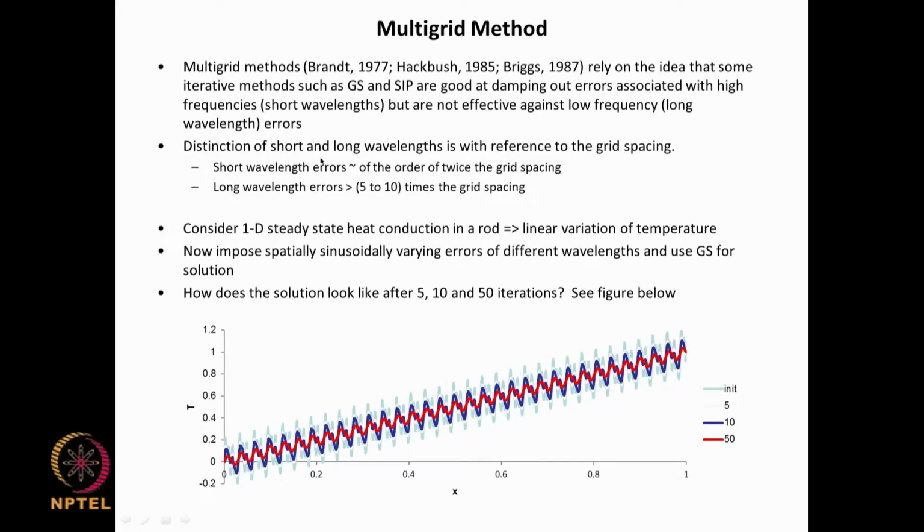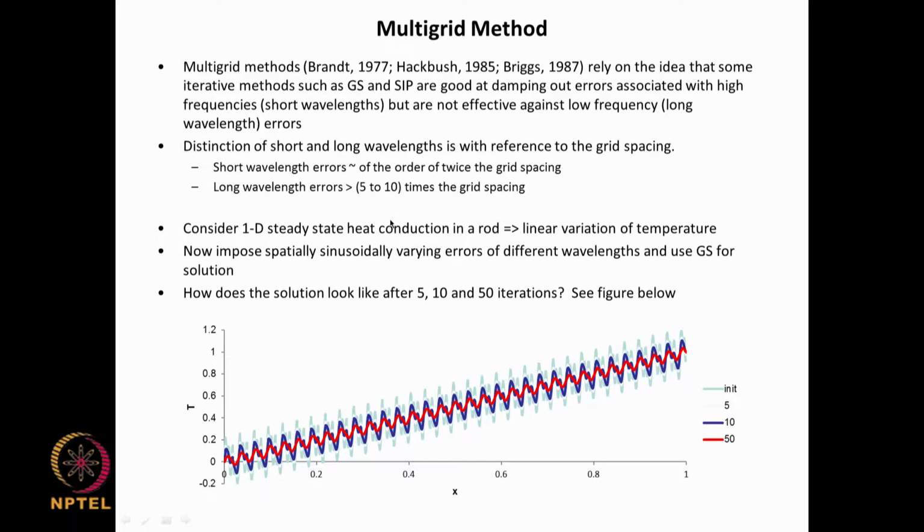The distinction of short and long wavelengths is with reference to the grid spacing. So if you have an error which varies with a wavelength of twice the grid spacing, that is the shortest possible error, and so that is considered a short wavelength, and long wavelength errors are anything of the order of 5 to 10 times the grid spacing.